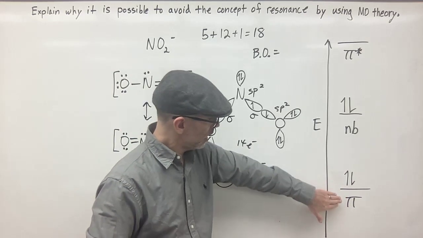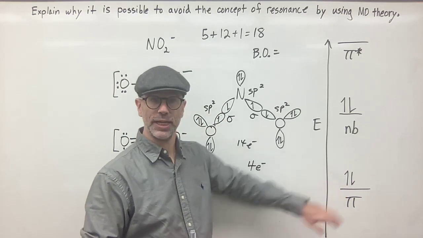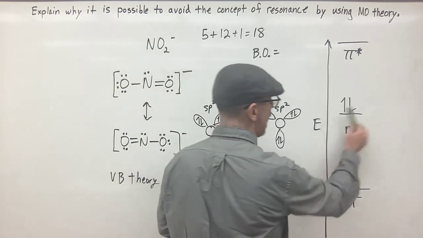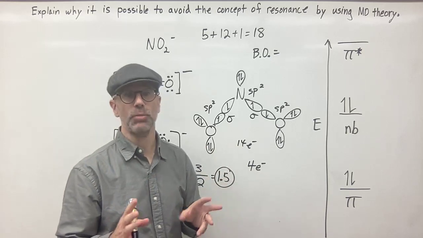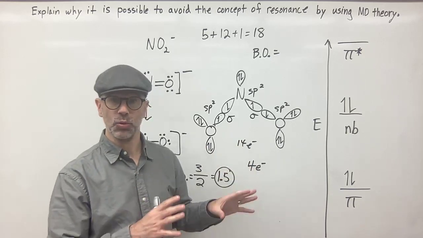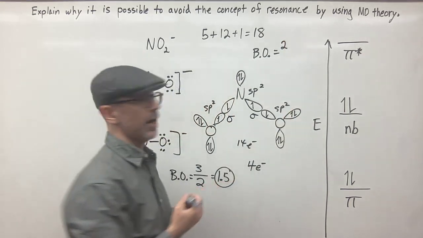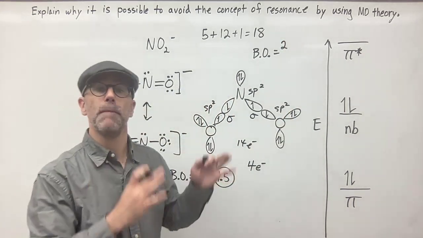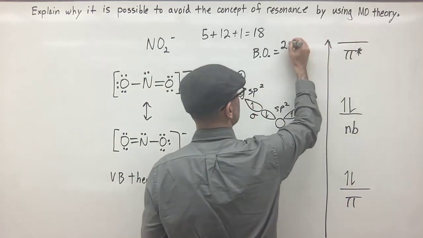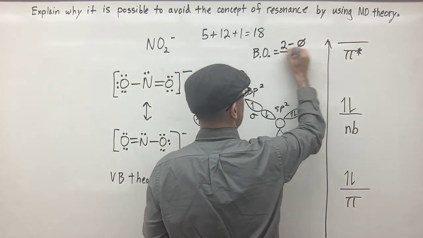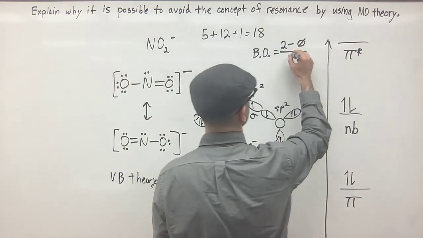This is a bonding molecular orbital, so I have 2 electrons in there. This is a non-bonding molecular orbital, and non-bonding molecular orbitals are not bonding molecular orbitals, so those do not count. So we ignore those. So I have 2 bonding electrons. I don't have any anti-bonding electrons, so that's 0. And then you take the difference and divide that difference by 2.